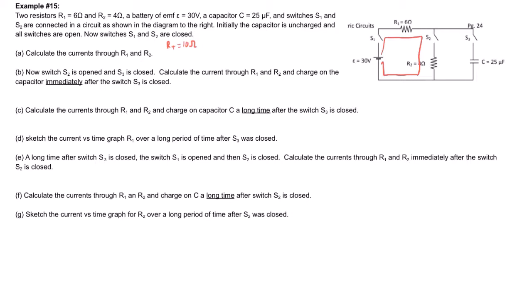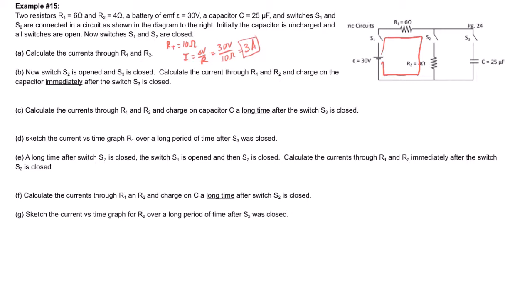Now that I know the total resistance, I can use the formula I equals delta V over R, which then will allow me to find the current, because I know that the total potential is 30 volts and the resistance is 10 ohms, and so I get 3 amperes. There we go. Now, because they're in series, the same current has to go through all of them, right? It's not going to change.